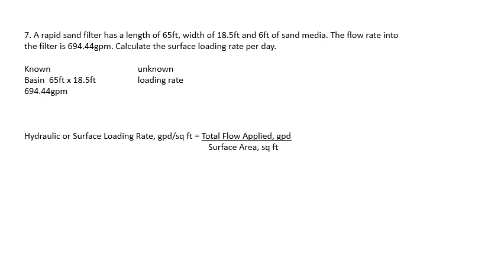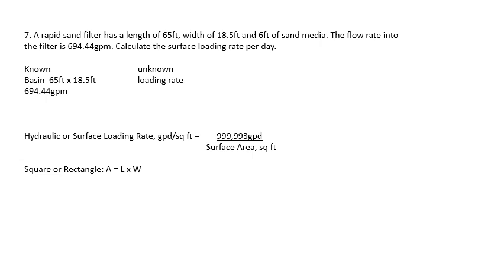We have our formula. Going to convert the 694.44 gallons per minute into gallons per day by multiplying by 1,440 minutes in a day. That leaves you with 999,993 gallons per day. Put that in your formula.